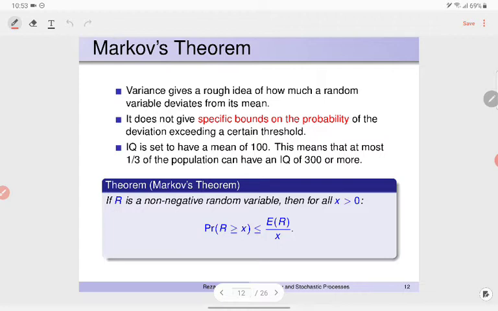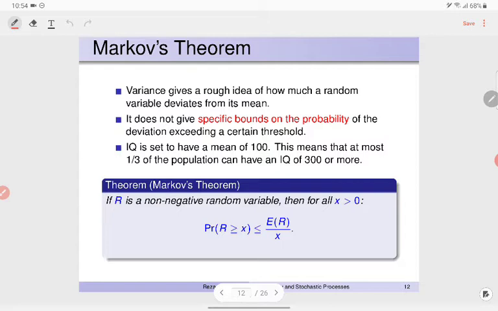For example, let's take this example. IQ, intelligence quotient, is defined in such a way that it always has a mean of 100. So that basically means that the average IQ is equal to 100. So we define it in this way.